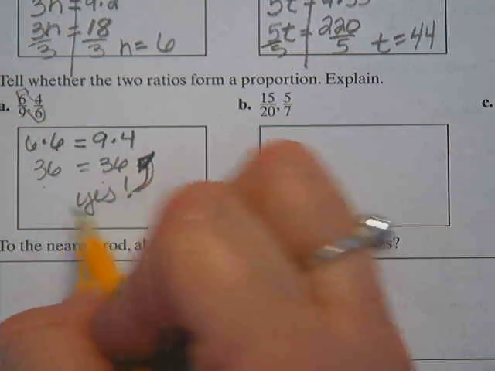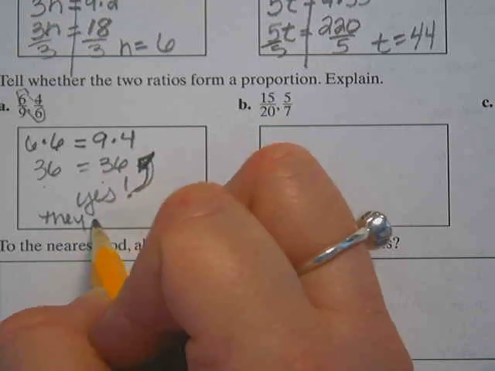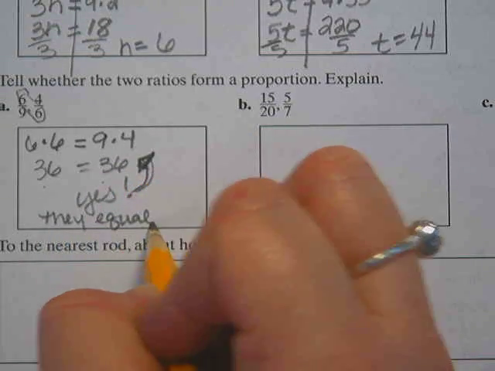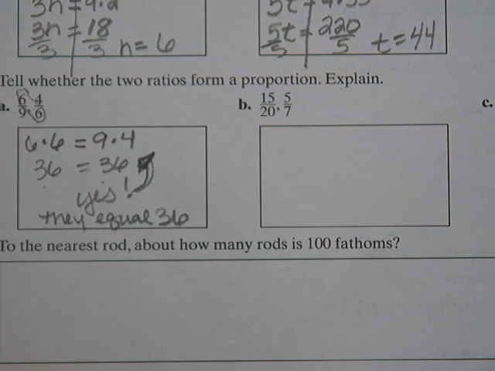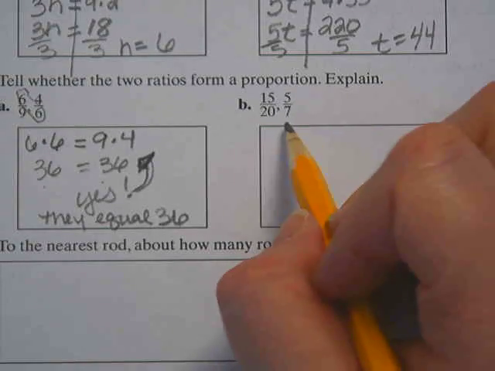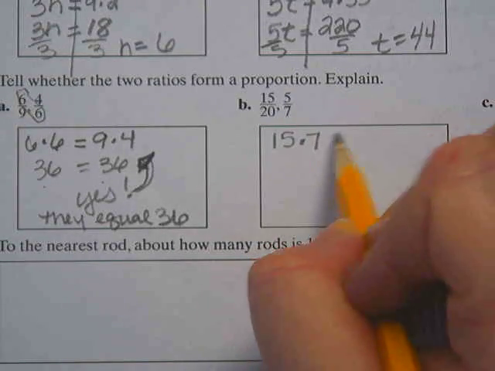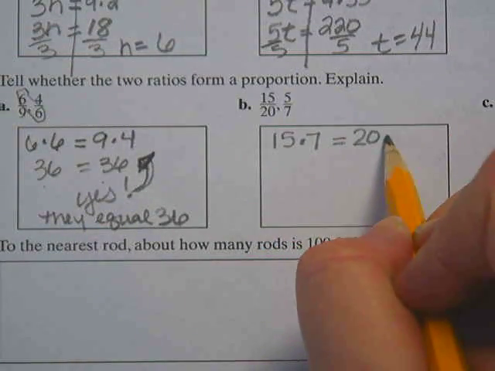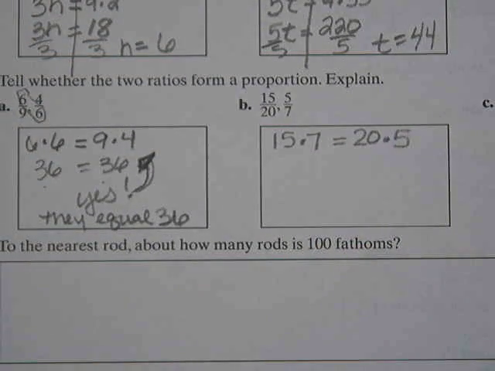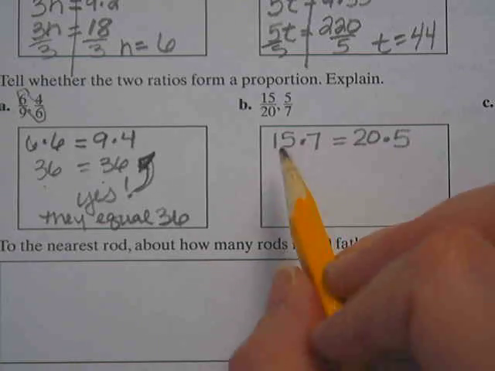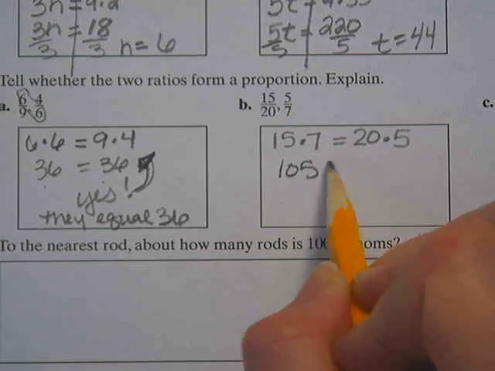That's your rationale. Your explanation, all it has to be is yes, the cross products equal 36.